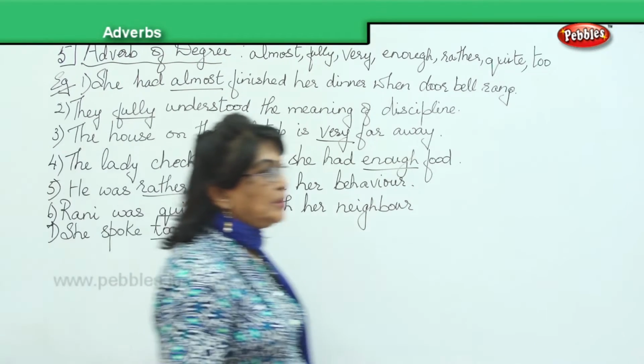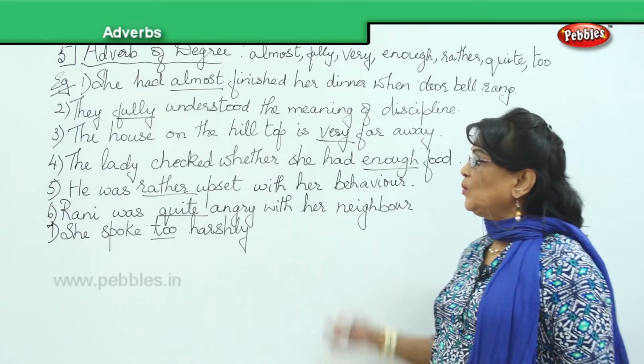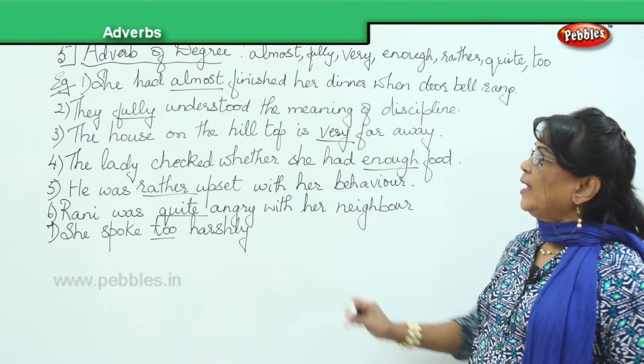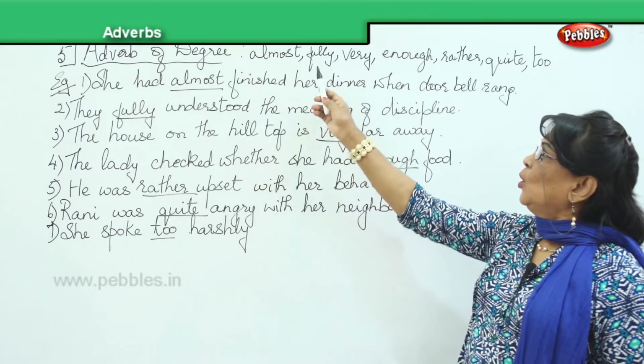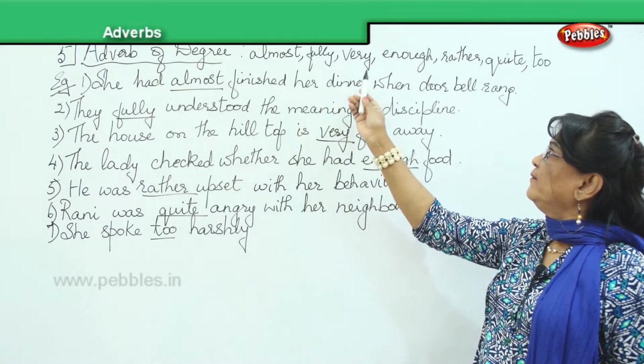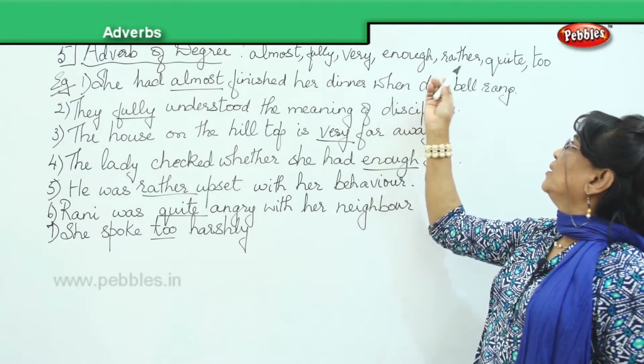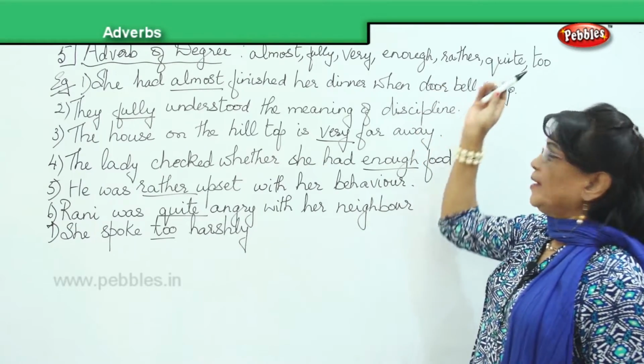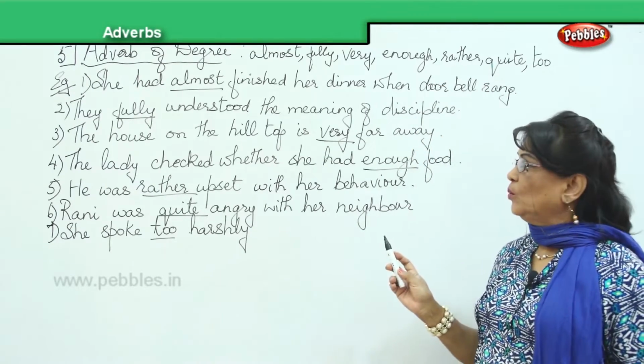Okay, shall we check it once before we go into the next one? Adverb of degree: almost, fully, very, enough, rather, quite, and too.